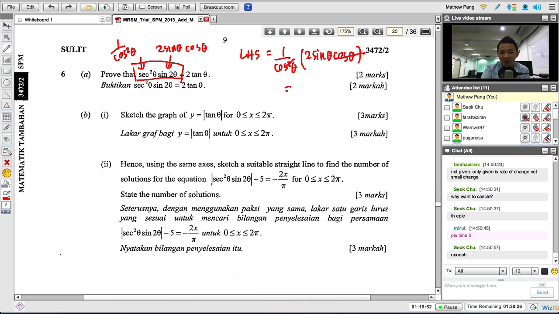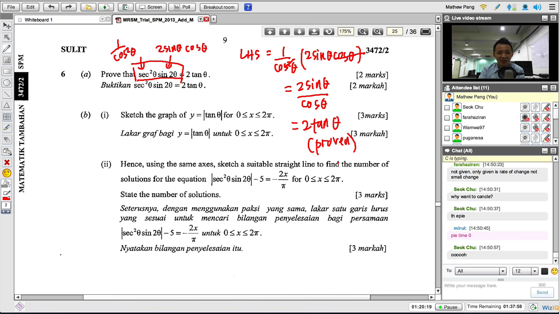So basically, I will have 2 sine angle, still have 1 cos angle on the bottom, right? So sine over cos equals to tangent. So this is 2 tangent angle, means 2 tangent theta. So proven. That's all. In SPM, maximum is 3 to 4 steps only for this kind of question. So if you do until 10 to 15 steps, I think something wrong. You better check it again.